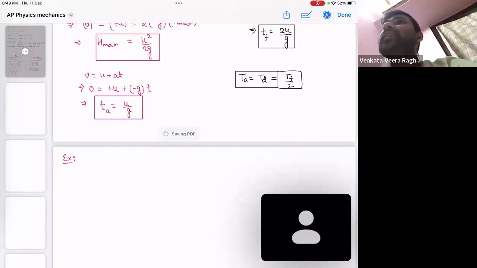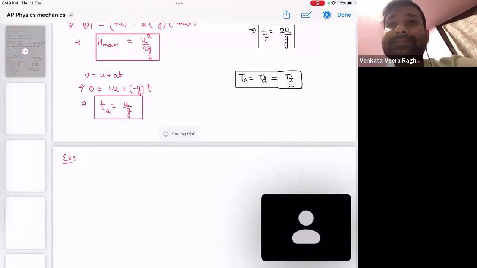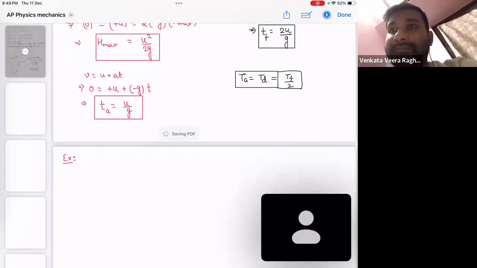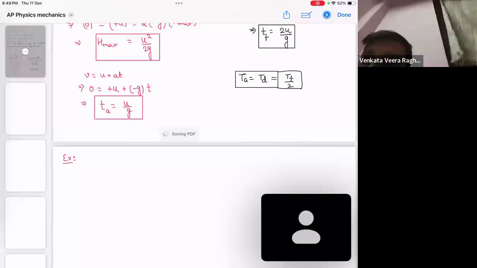Means projected from some height and reaching the ground. That kind of situation is also there in the question. Clear? Yes, sir.